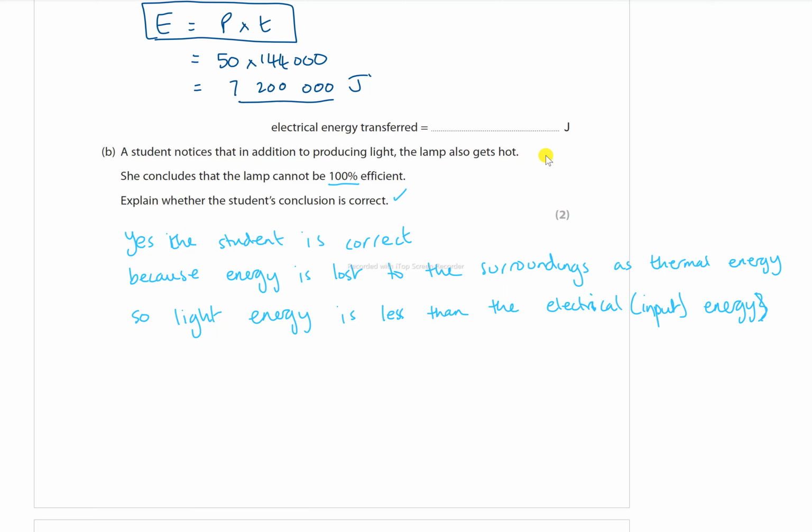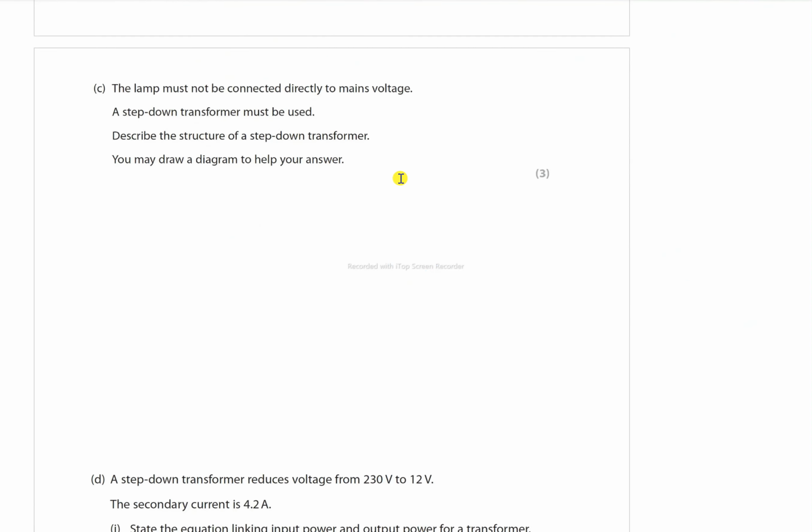Nope, nope, don't do it that way. Okay, that's what they say. There's 2 marks, so yes, they're correct because energy is lost as thermal energy as heat. Yeah, that's why it gets hot. So that means that the light energy is not going to be as much as the electrical input energy. You're going to always get losses.